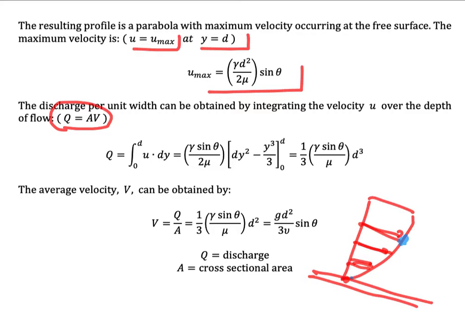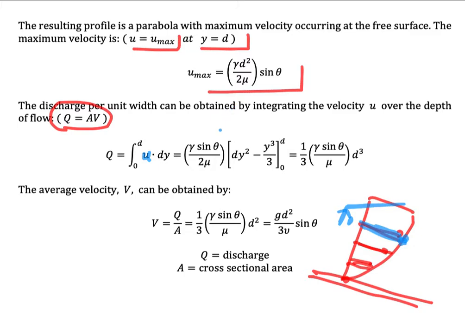You need to do the integration because the velocity varies. So the flow rate Q is the integration from 0 to d of u dy, where u is the local velocity at a certain point, multiplied with the area. We assume that the height of the area is dy, and the width here is unity, so we just write dy times 1. So we substitute the value of u max here.